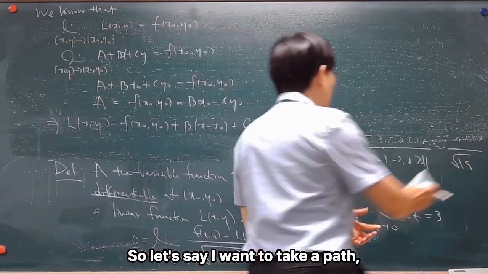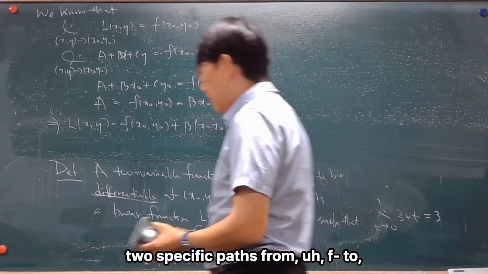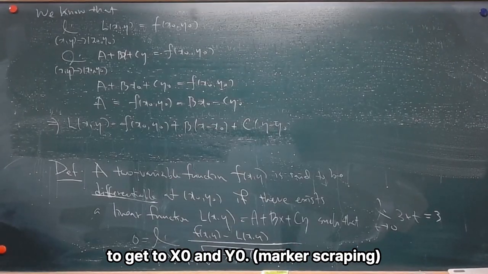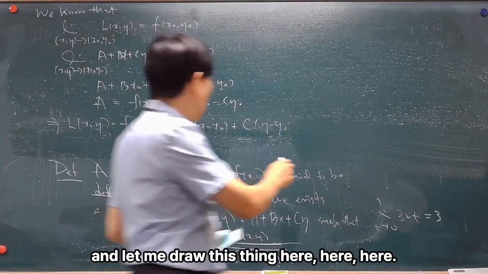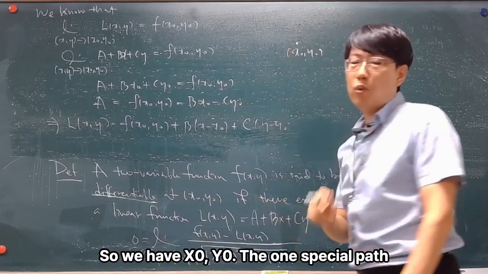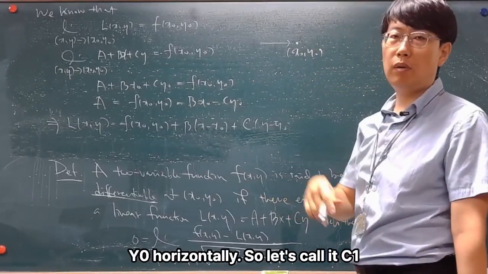So let's say I want to take two specific paths to get to (x0, y0). Let me draw this thing here. So we have (x0, y0). The one special path that I can take is to get to (x0, y0) horizontally.